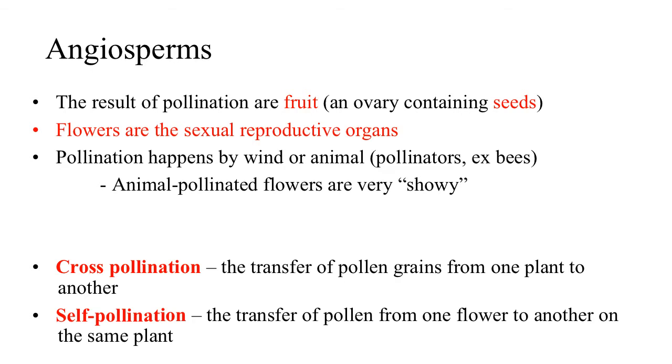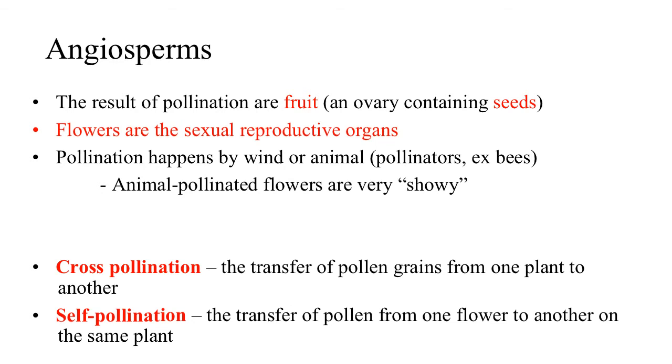Flowers are actually the sexual reproductive organs of angiosperms. So humans have certain sexual reproductive organs, so do flowers. If you recall from earlier on in this lesson, we mentioned that that was a con of sexual reproduction because flowers have to expend energy in order to produce these flowers, the specialized sexual reproductive organs.